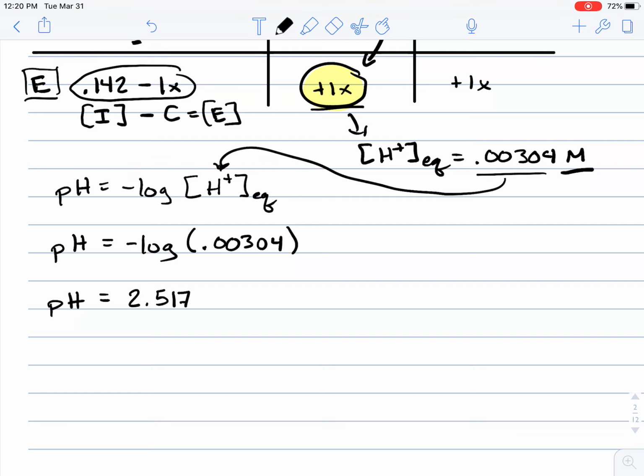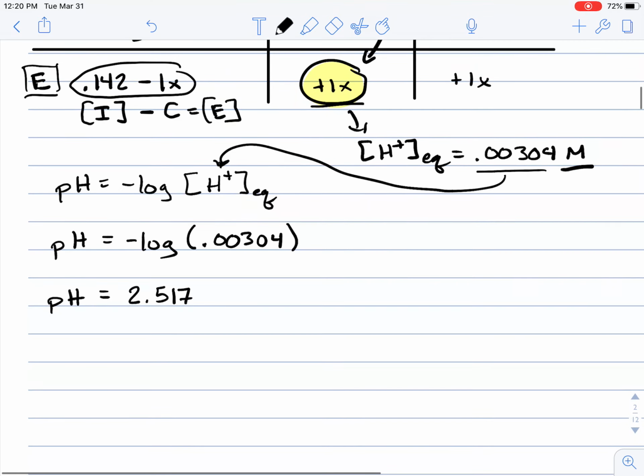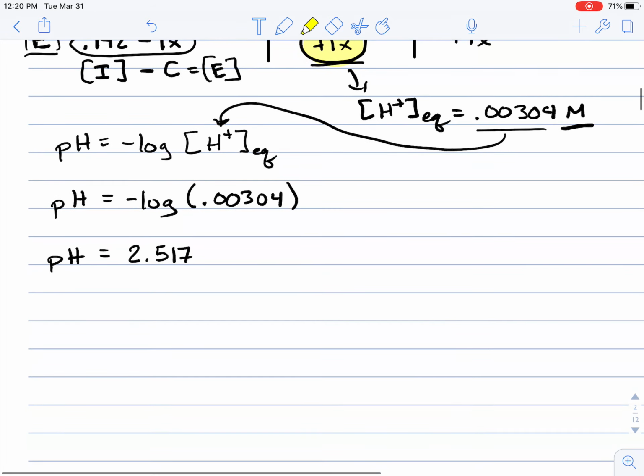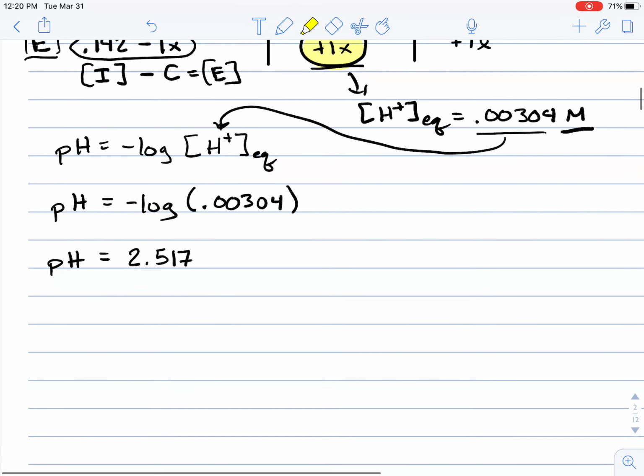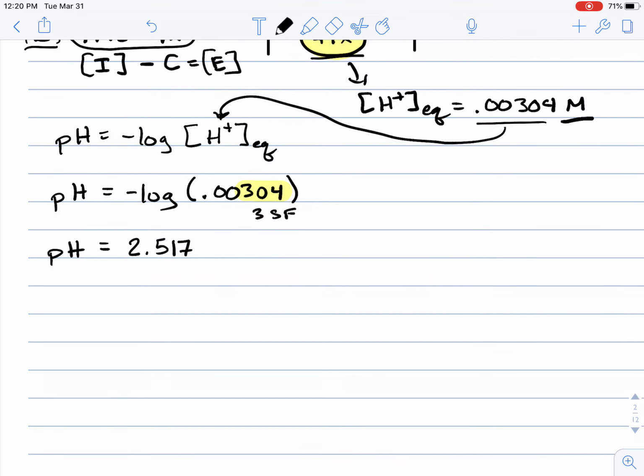2.517. Now let's quickly talk about sig figs for pH. When you take the negative log of something, notice that there are 3 significant figures in this value. So when you take the negative log of that value, you need to report 3 places after the decimal, or 3 decimal places.